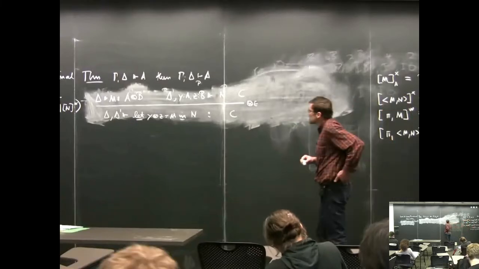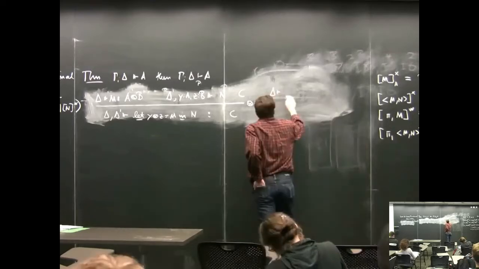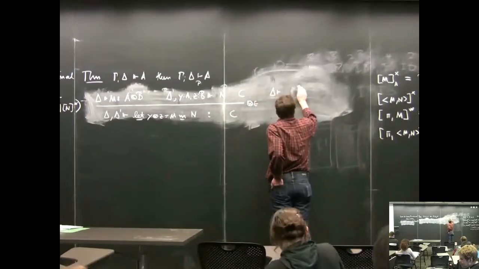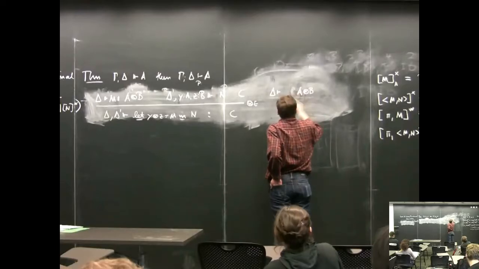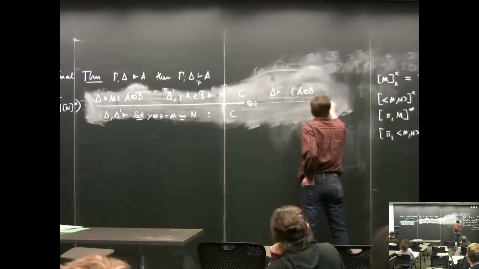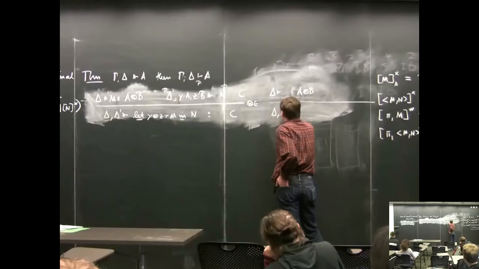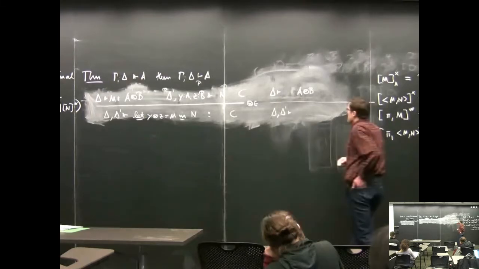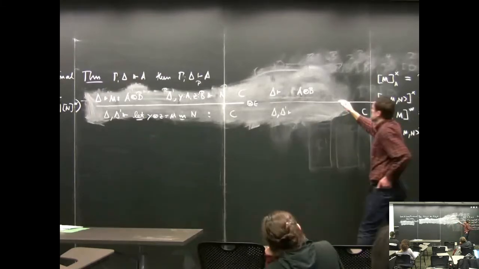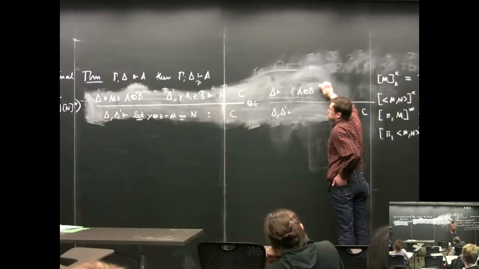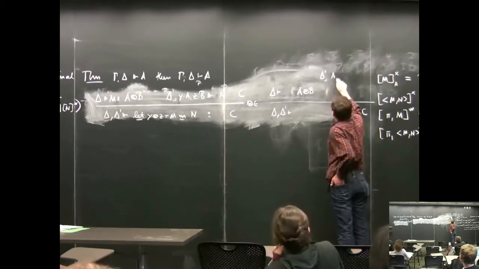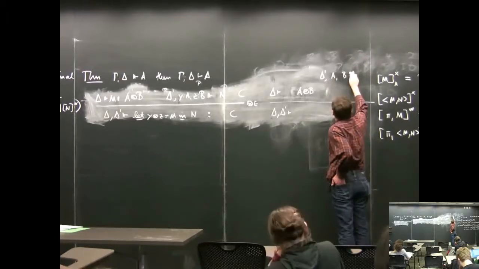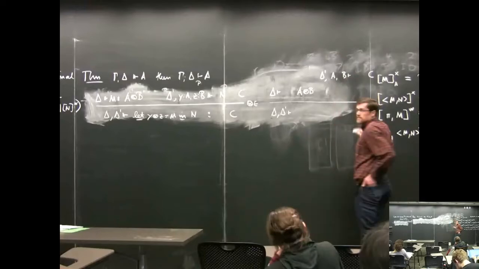Okay, so induction hypothesis, delta gives us something of type A tensor B. What we're trying to get here eventually, down here, will be delta together with delta prime gives us C. Okay, induction hypothesis applied to the second premise gives us delta prime, A, B, gives us C, right?